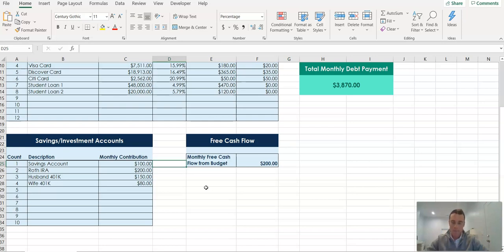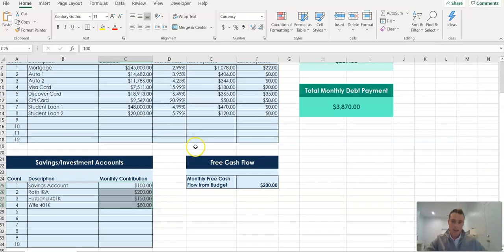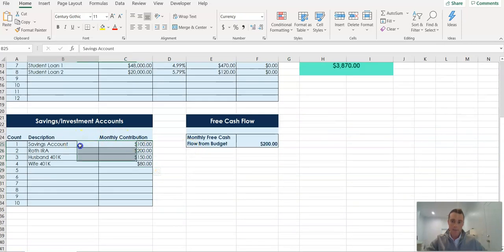But if you've got that and you're still contributing to savings and investment accounts every month, and you've got debts to pay down, this whole table here in the lower left is what I refer to as potentially inefficient dollars, or inefficient use of your dollars.